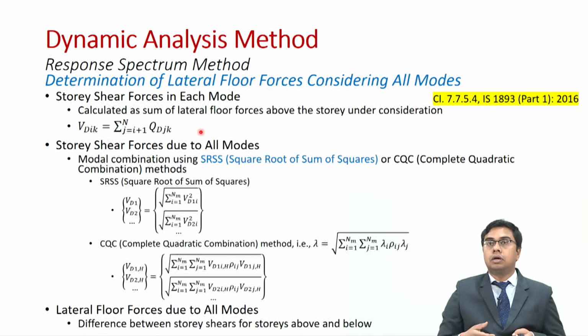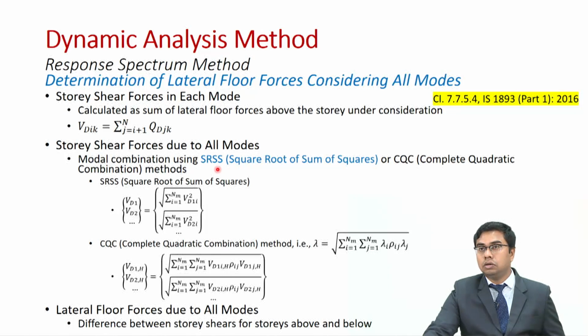Now, we need to combine different modes. For combining different modes, we have two modal combinations possible. One is using SRSS and the other is CQC. SRSS stands for square root of sum of squares, and CQC stands for complete quadratic combination.